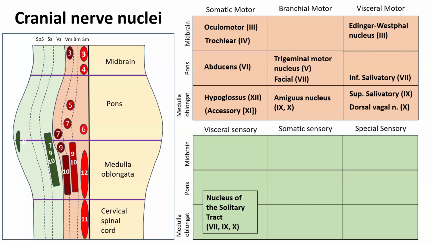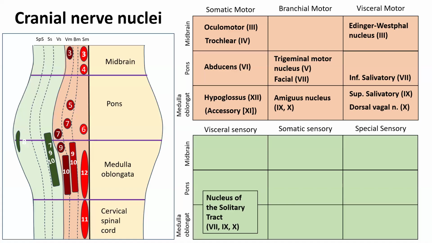For instance, it plays a role in regulating blood pressure and respiratory rate because it receives information from baroreceptors, so receptors that are sensitive to changes in pressure, more specifically blood pressure, located in the carotids or in the aortic arch. It also receives information from chemoreceptors located in the carotid bodies and aortic arch.